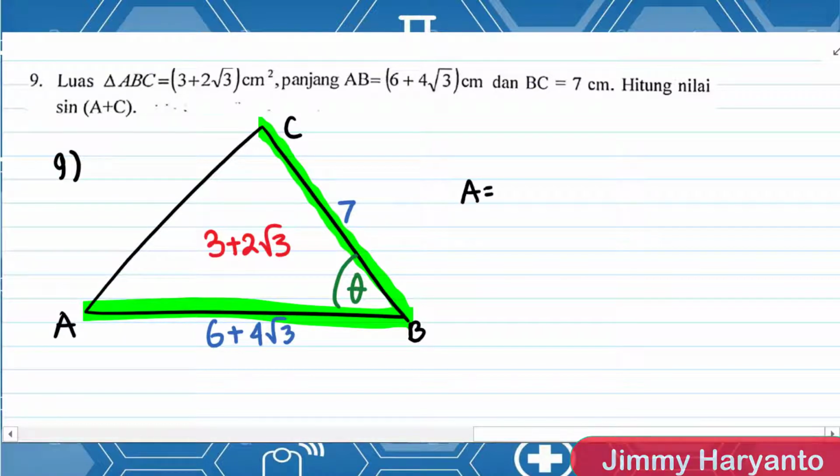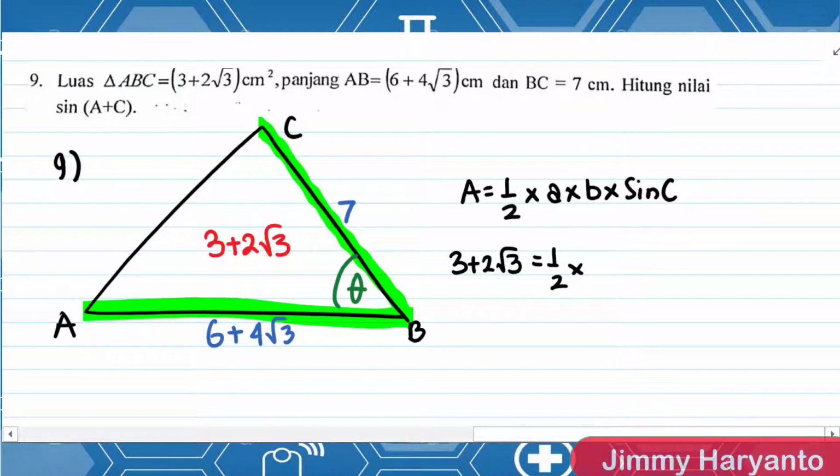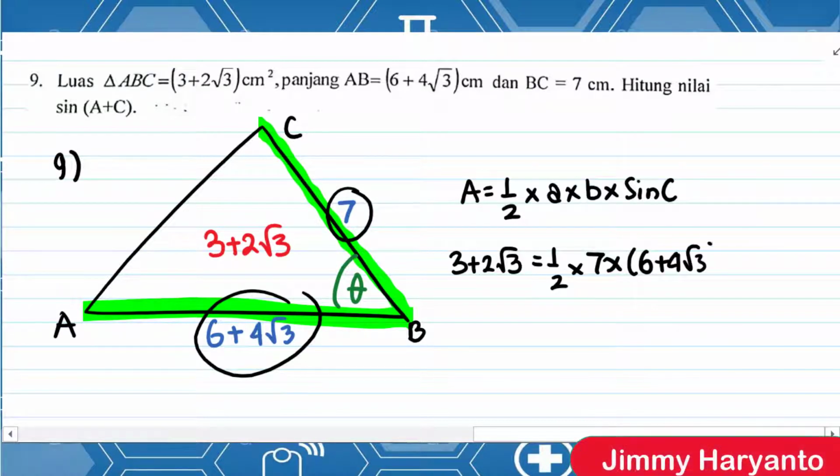So I will write the formula half times a times b times sine C, equals to half times a. The a is 7 and the b is this one, 6 plus 4 square root of 3, and then sin C. We will have sin C from this equation.